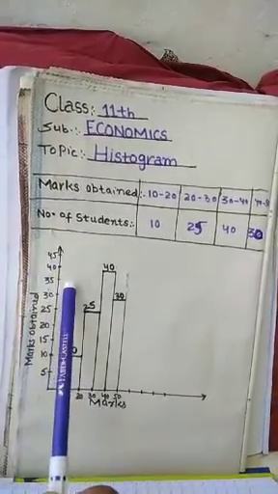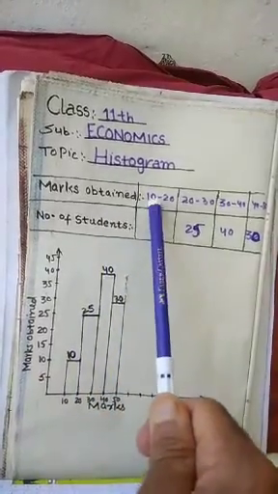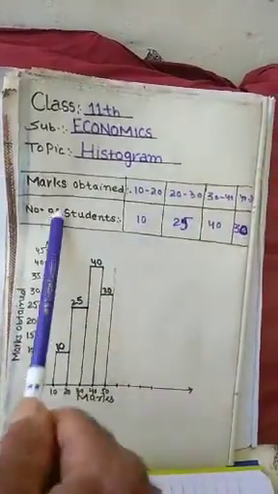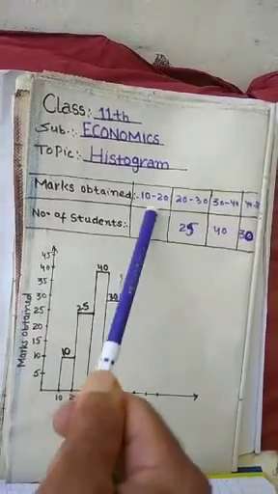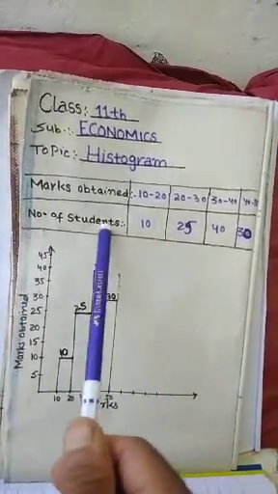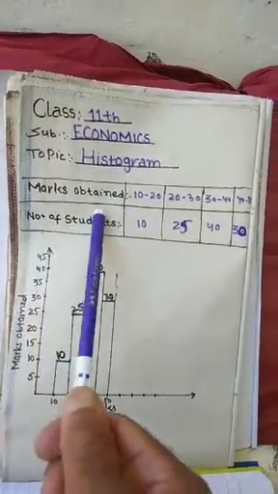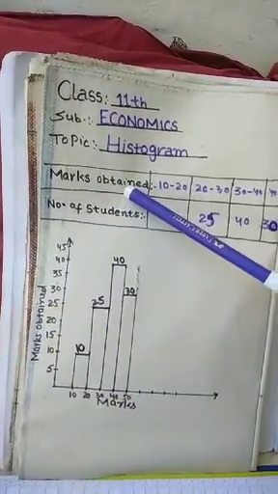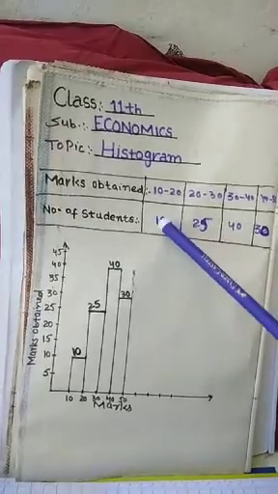If you look at the data, that is 10 to 20, how many students are those? What is the number of the students who have got marks between 10 to 20?